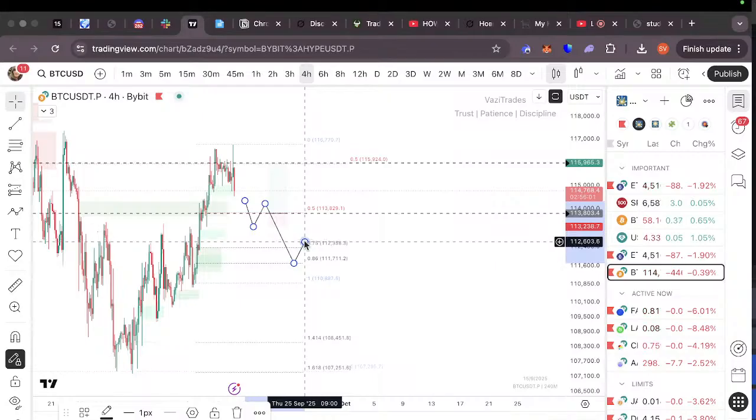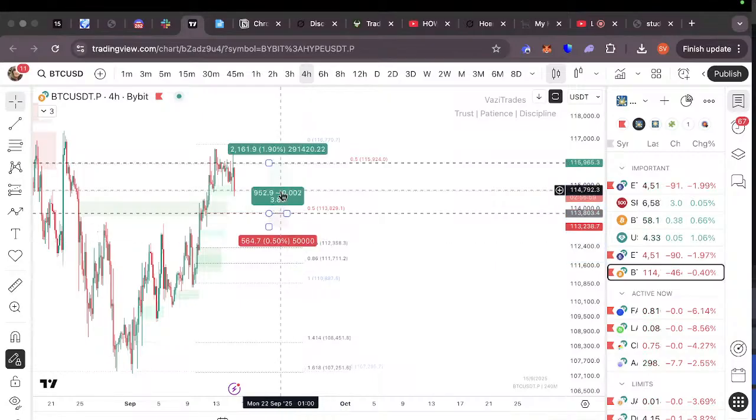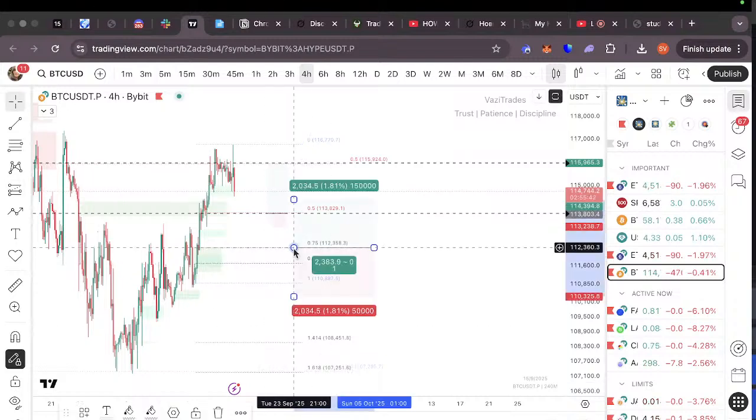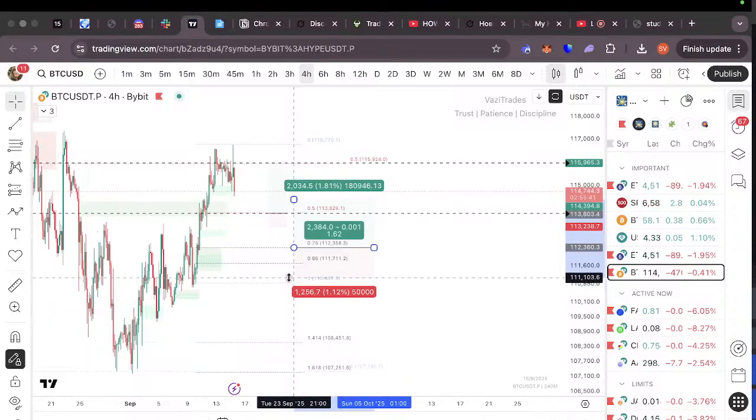And here, for example, let's say if at 0.5 Fibonacci, I would risk like 0.5% of portfolio. At 0.75, 0.86 Fibonacci, I would risk like 1% of the portfolio.